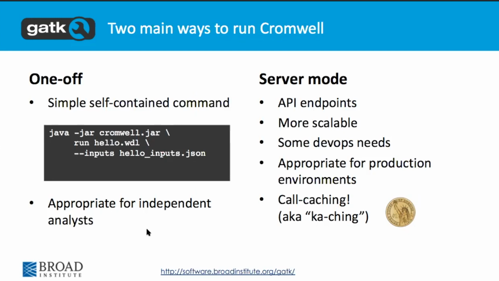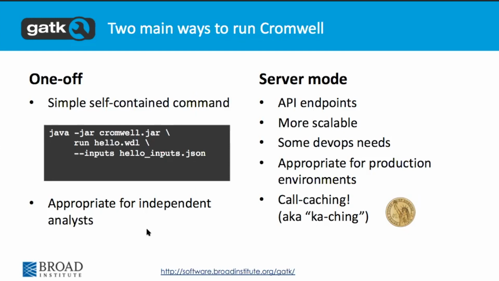on a cloud. And there's another mode, which is server mode, which is what we use for Terra, or you can also use it for other backends. And this mode allows you to do a lot more things, and it's optimized basically for production environments where you have many workflow requests incoming, and you want to be able to schedule jobs as they come in and not be waiting for the results.